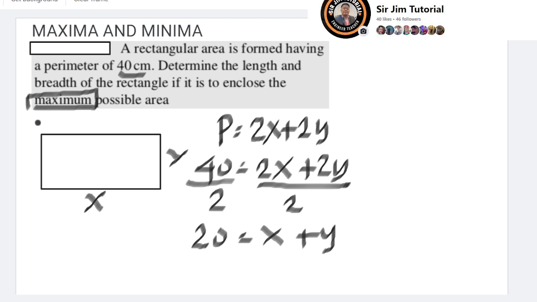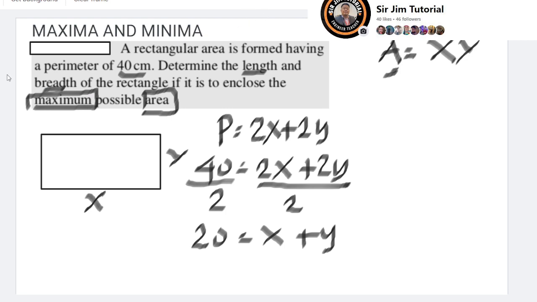That's the question. So meaning we are going to maximize the area. First, what is area? Area is equal to x and y. In other words, you are going to maximize this area for you to determine the length and the breadth, or the x and y.